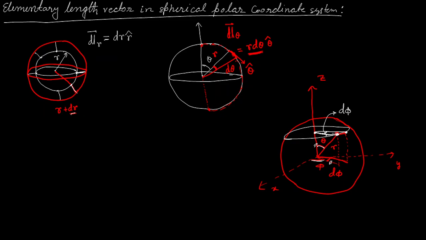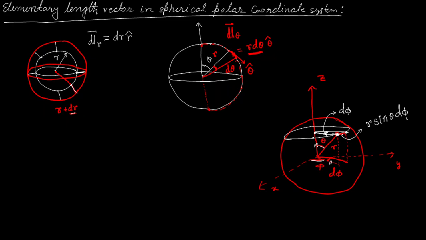Now if this circle has radius r sin theta, and this angle is d phi, then what will be the distance between these two points? This length will be r sin theta d phi. And in which direction will this length be generated? This will be the direction of phi cap.